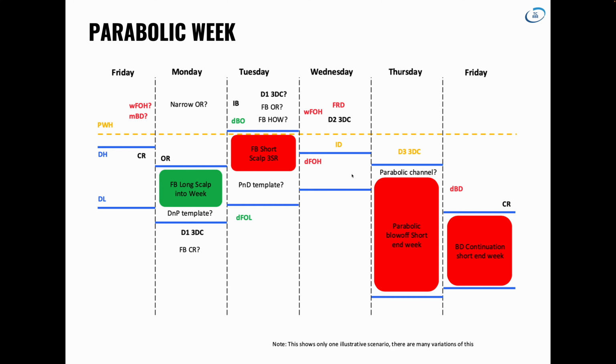Then you get an inside day, and here you see day 0, inside day parabolic, and then you potentially get the blow off into the downtrend again, and then potentially a breakdown continuation even, but that's the trend continuation trades. So these would be the weekly template patterns I'm looking for.